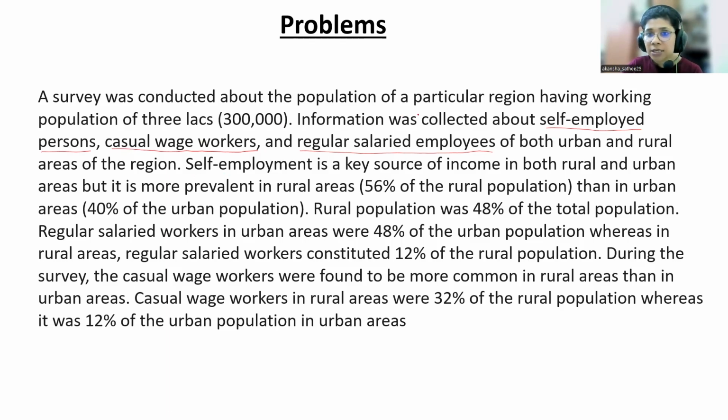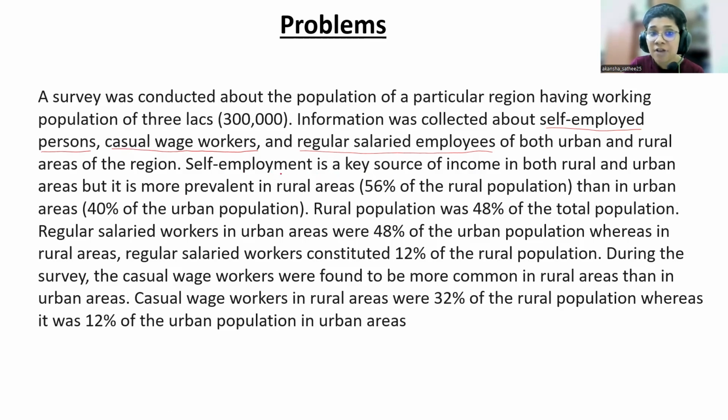So first, the total working population of a region is given, and then in the population you have 3 categories of working professionals: self-employed, casual wage workers, and regular salaried employees. The region is divided into two parts, rural and urban, and the total population is 3 lakh. And further they are dividing it into self-employed persons, casual wage workers, and regular salaried persons. Then they are saying self-employed is a key source of income in both rural and urban areas, but it is more prevalent in rural areas.